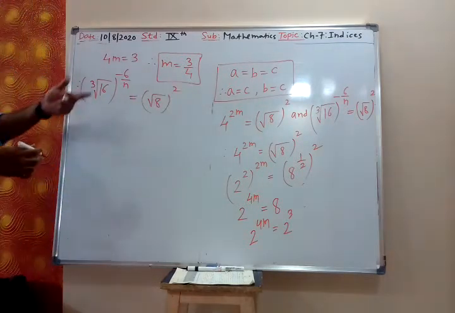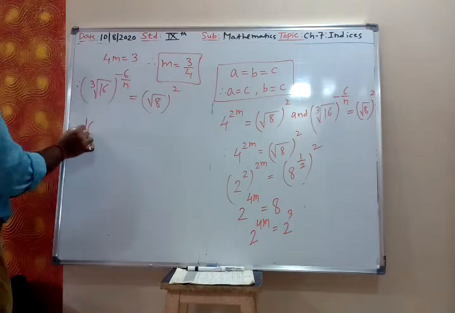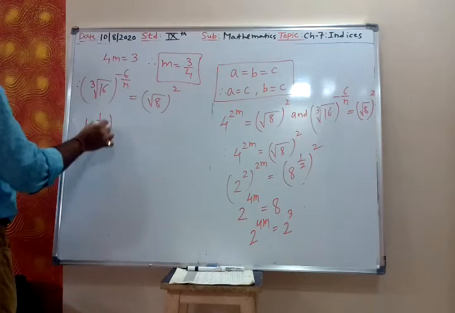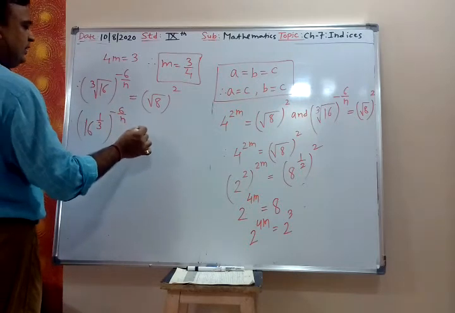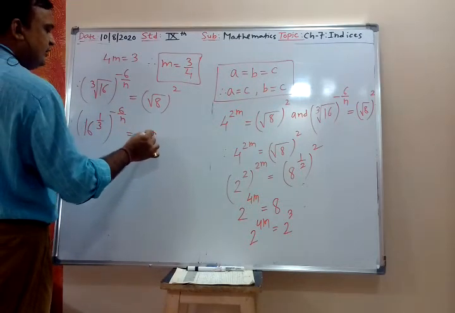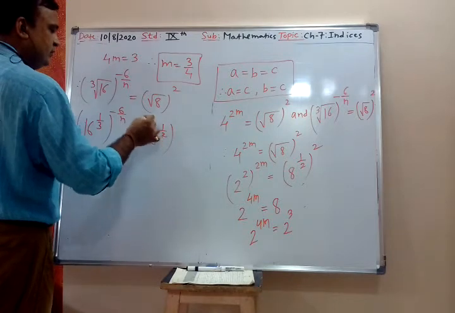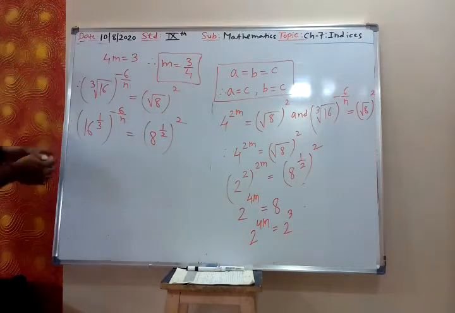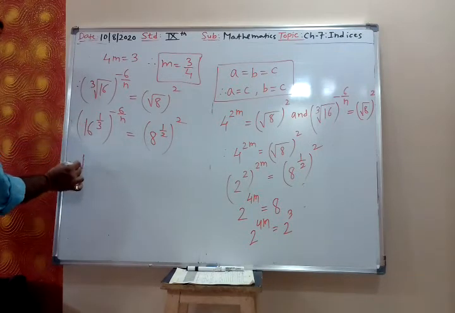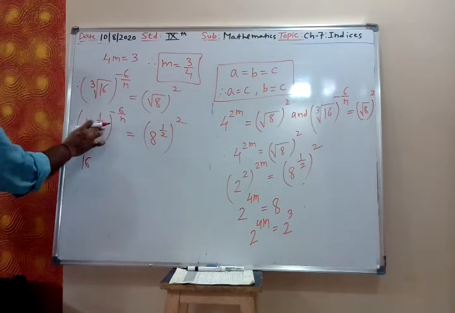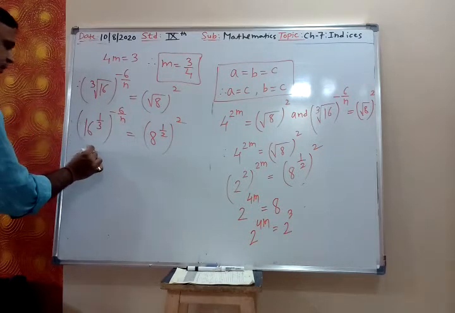Now solve this second part. Cube root of 16 means 16 raised to 1 by 3, raised to minus 6 by n, is equal to root 8, which I can write as 8 raised to half raised to 2. So 16 raised to 1 by 3 into minus 6 by n will be minus 2 by n.